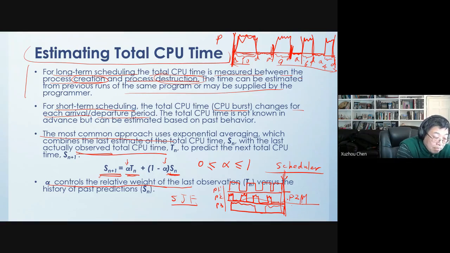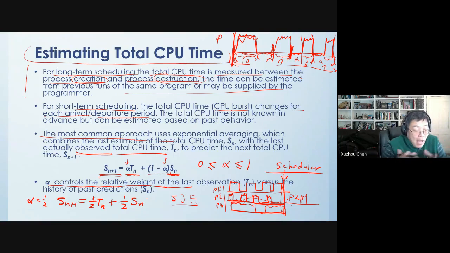So for example, if I pick alpha equals 1/2, then the next predicted CPU burst is 1/2 the previous actual CPU burst plus 1 minus 1/2, which is also 1/2, the previous predicted CPU burst.